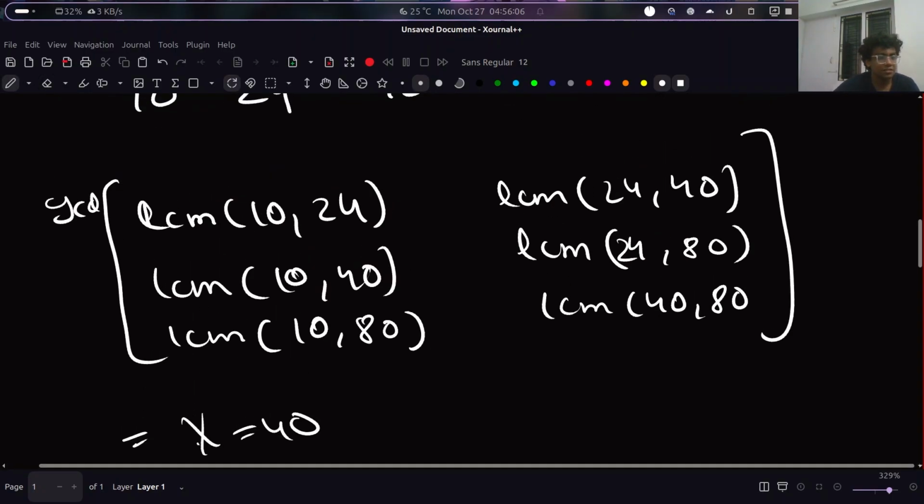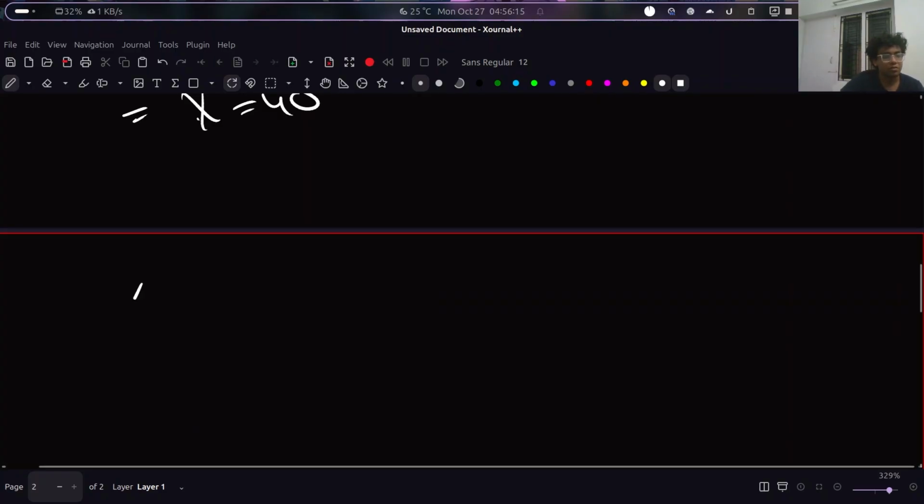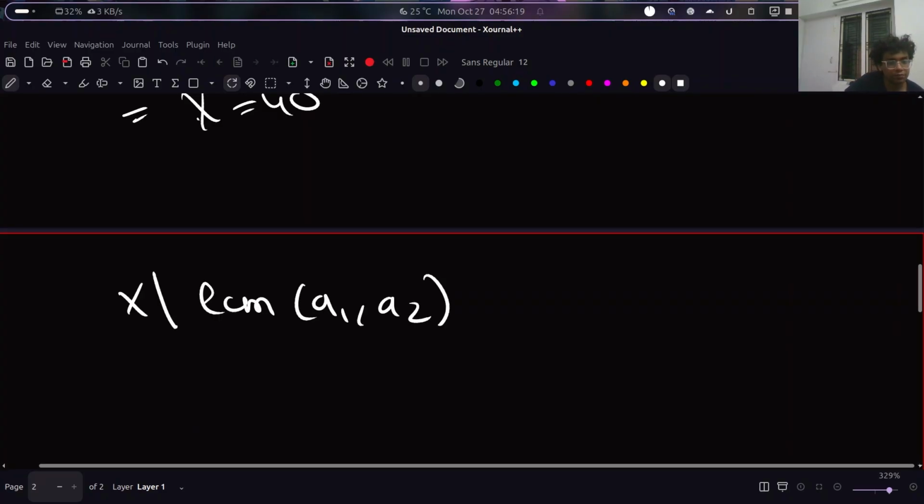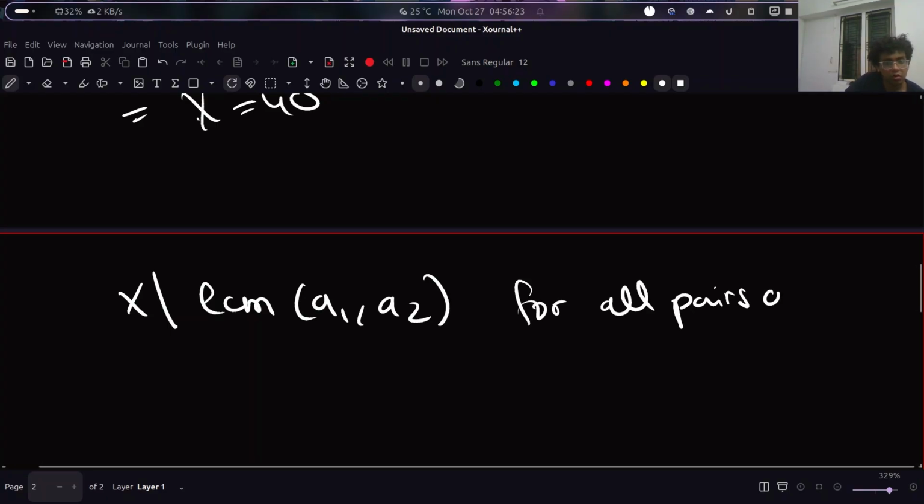Whatever our answer is, that answer divides the LCM of all pairs of elements. So we just need to find the largest number which divides all pair of elements. Okay, so we have x divides LCM of a1 comma a2 for all pairs of elements, fine.